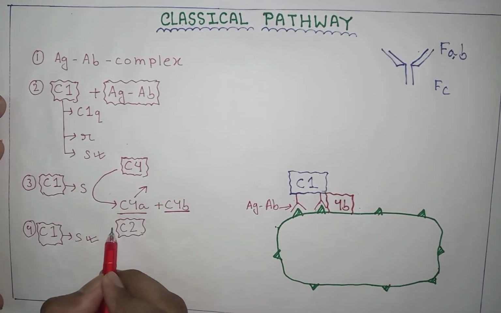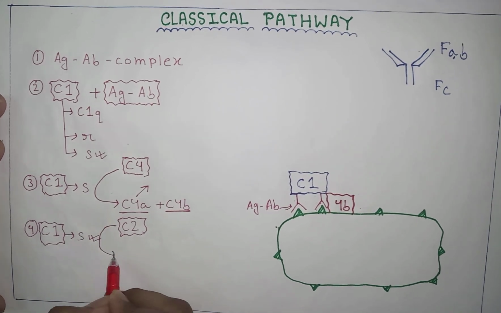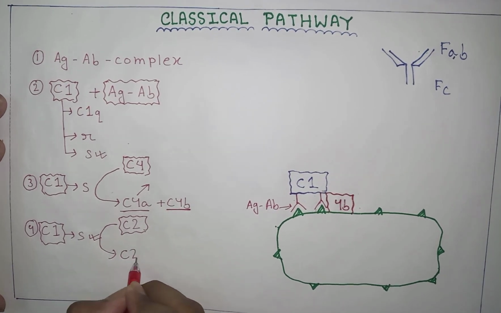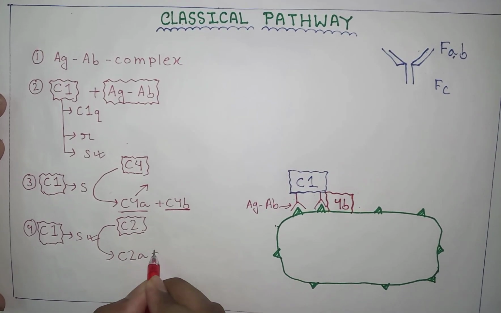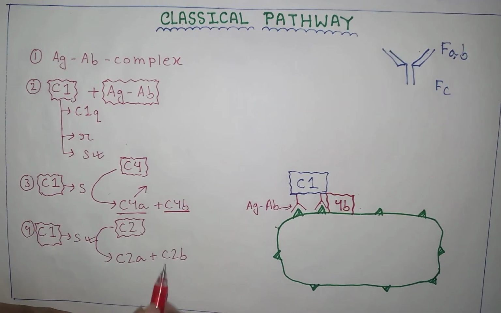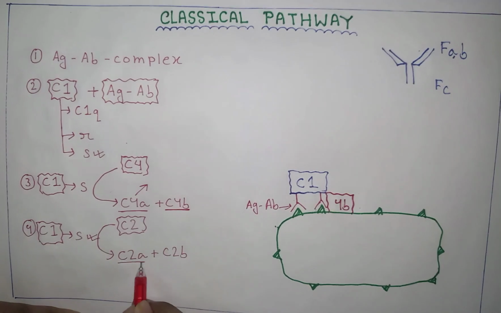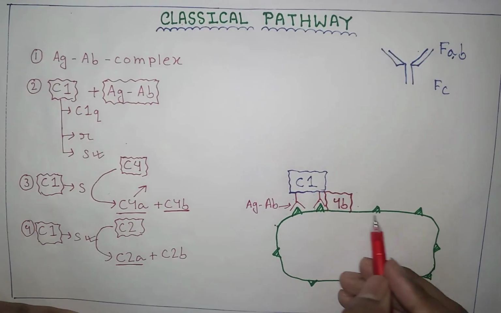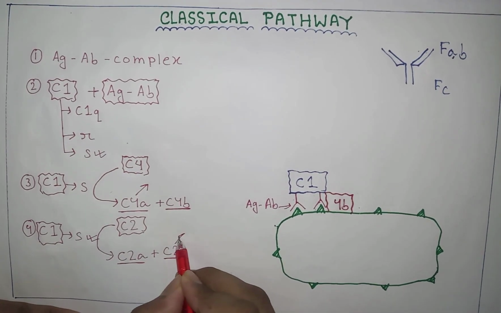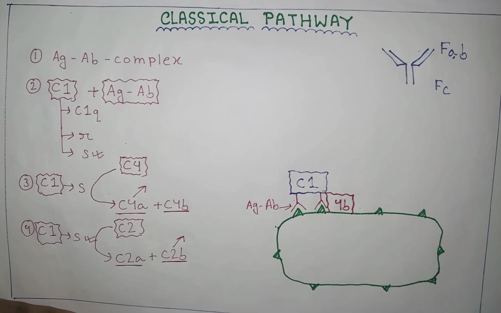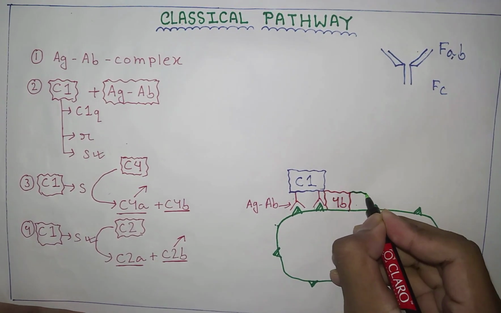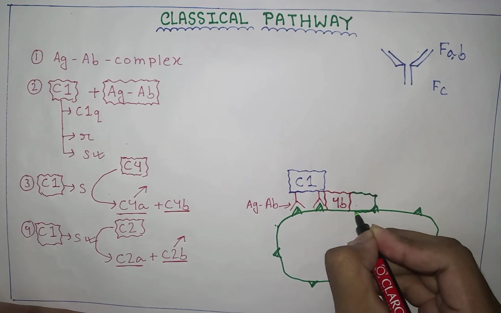So when C2 comes, it will get cleaved by the S segment and produce C2A and C2B. In this case C2A will attach on the cell surface of this bacteria and C2B will float away. So let's draw the C2A.